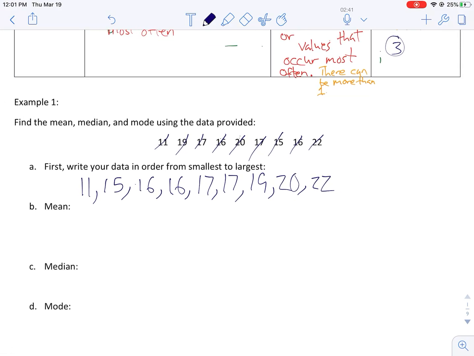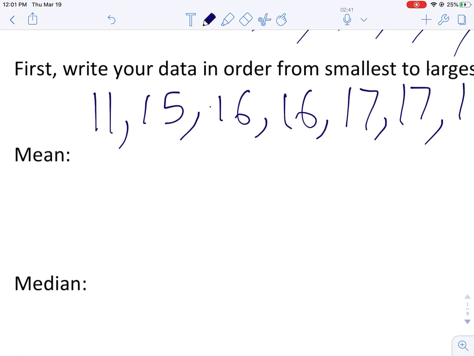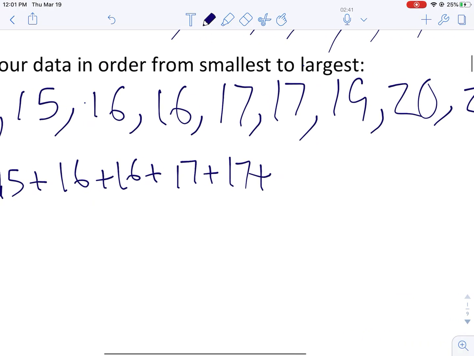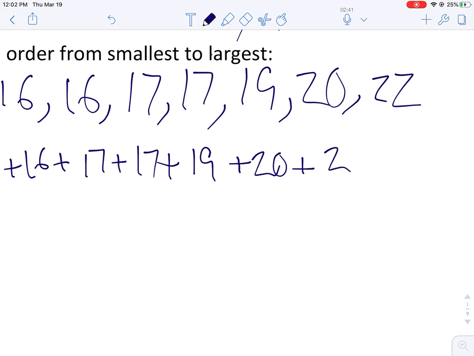All right, so finding the mean, I'm going to show you all the steps for this. So I'm going to go 11 plus 15 plus 16 plus 16 plus 17 plus 17 plus 19 plus 20 plus 22.